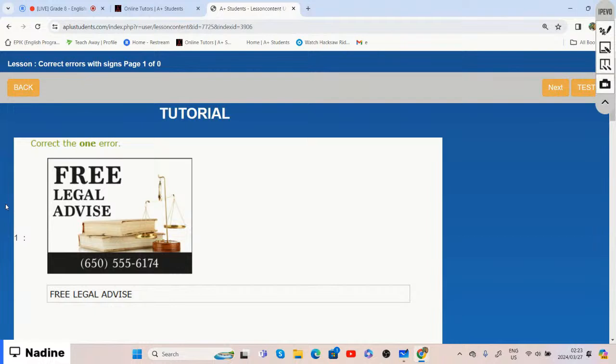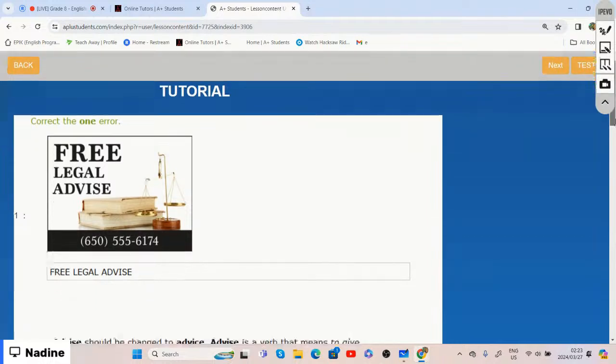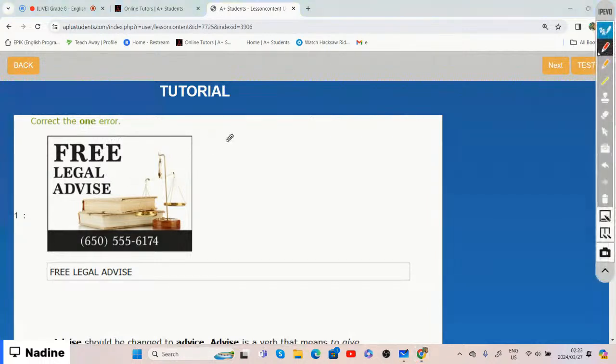All right. If we correct that error, then we need to say it is free legal advice. Advice. So we don't say advise, because advise is when somebody advises you.